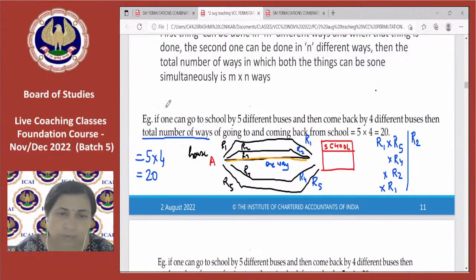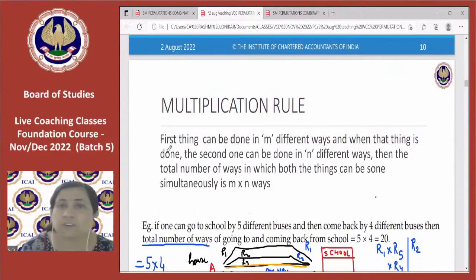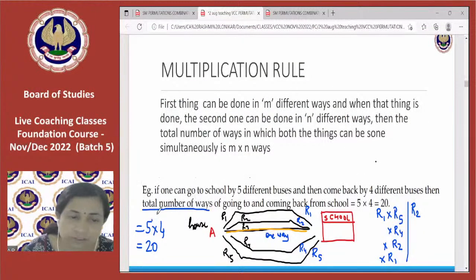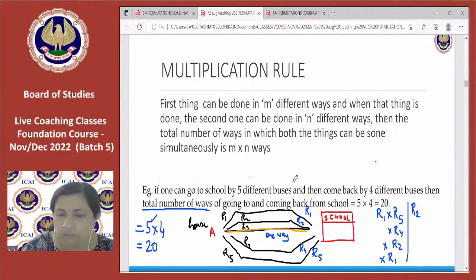What does the multiplication rule say? If the first thing can be done in m ways, here m is how much? 5. And once that is done, once he has reached school and wants to come back, the second one can be done in n ways. So when he's coming back, how many bus routes can he use? 4.